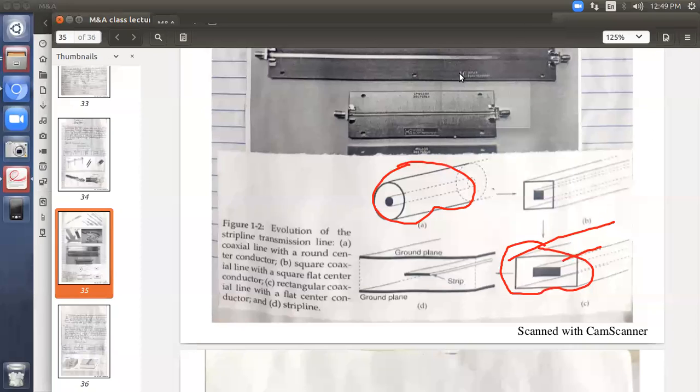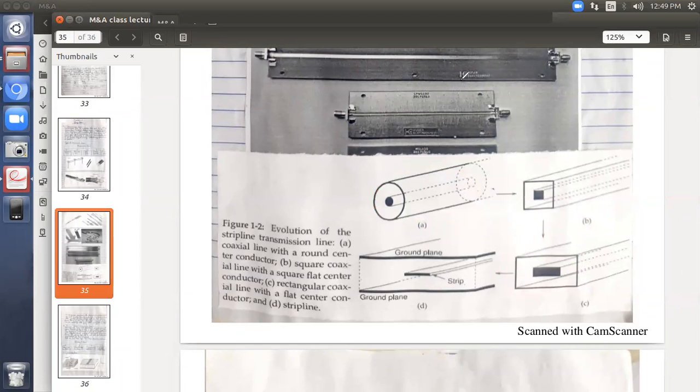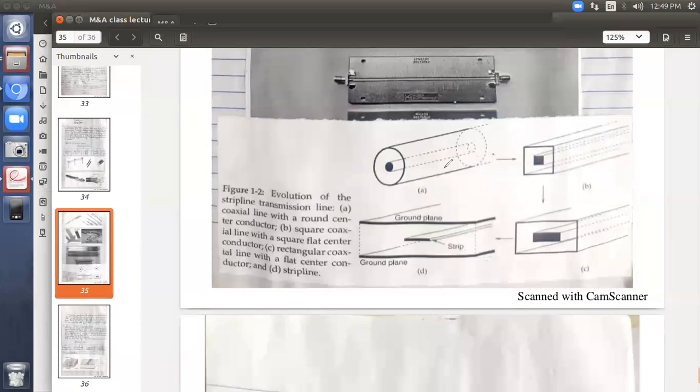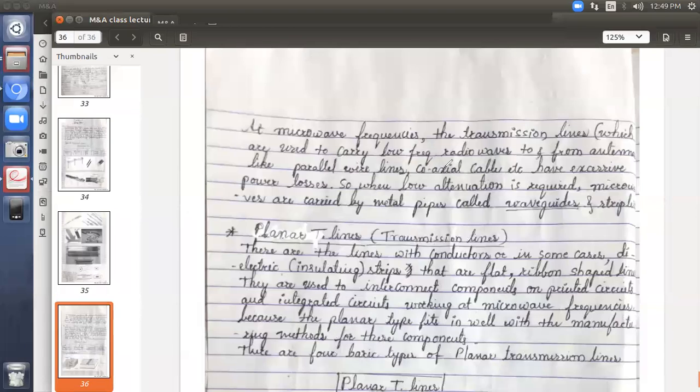Because of that, these categories under which strip lines fall are called planar transmission lines because of their structure, because of their dimensions. These are lines with conductors, in some cases dielectric insulation strips, which are flat. The dimensions are flat, because of which we call them planar transmission lines. They are like ribbon shaped. That's what I said. How do you identify a strip? Strip means what?